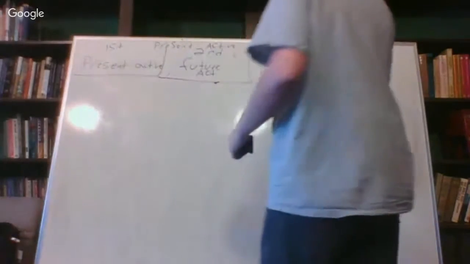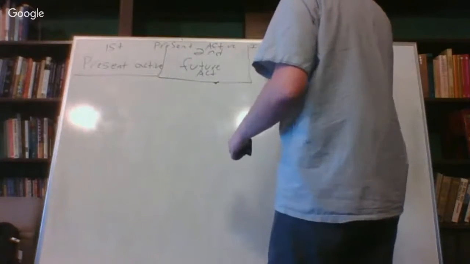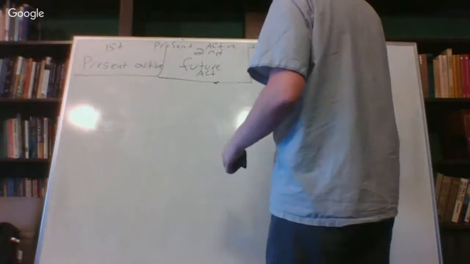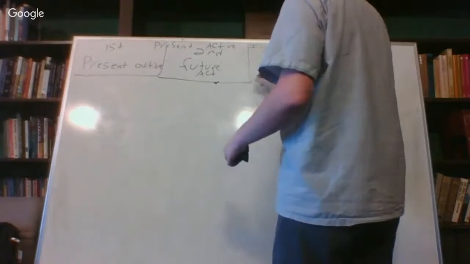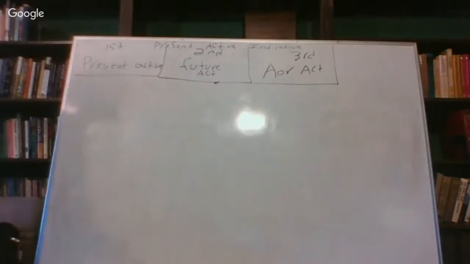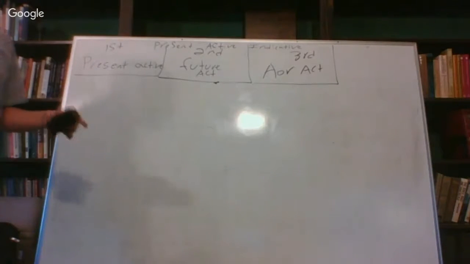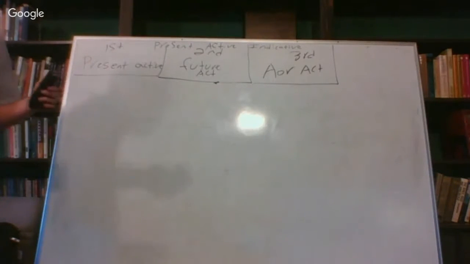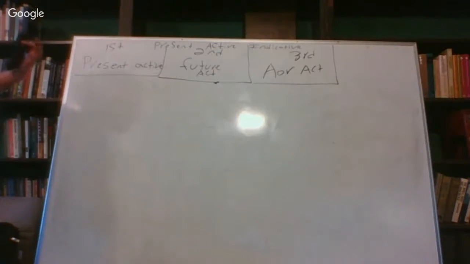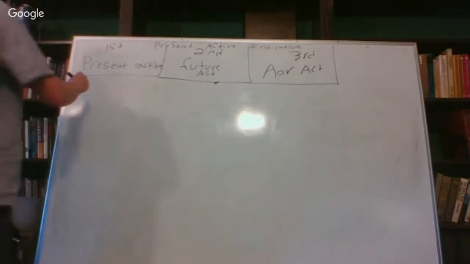The third principal part is the aorist active. We'll learn these categories later, but I just want to give you the principal parts. As you notice in the vocab, Mounce will give you about 7 listings for a word, or he'll give you dashes. We'll talk about that shortly.